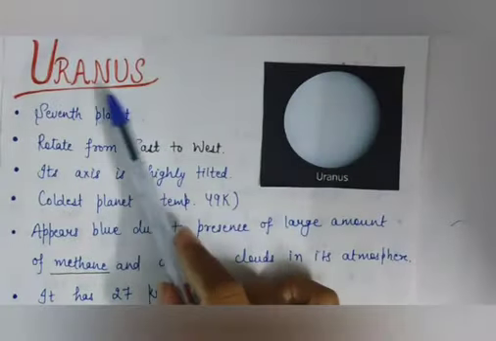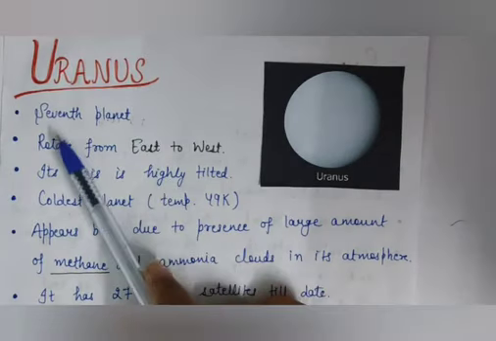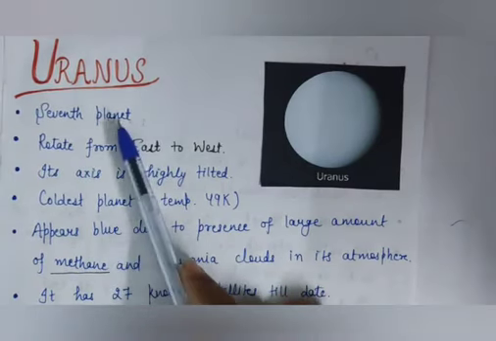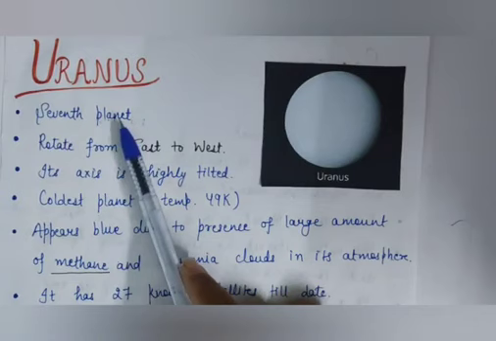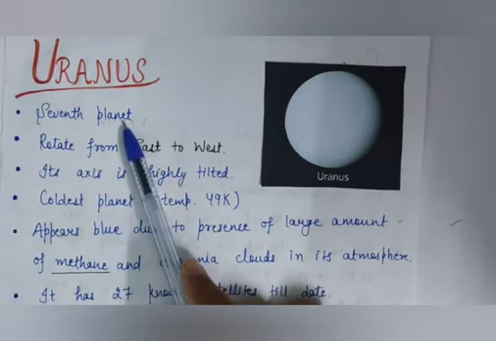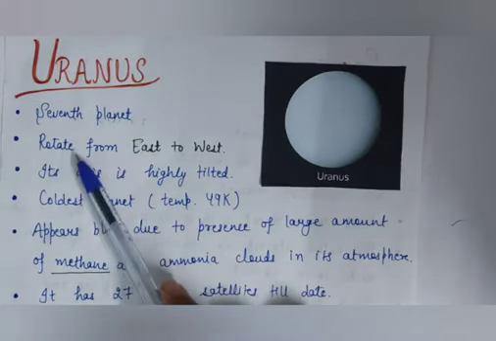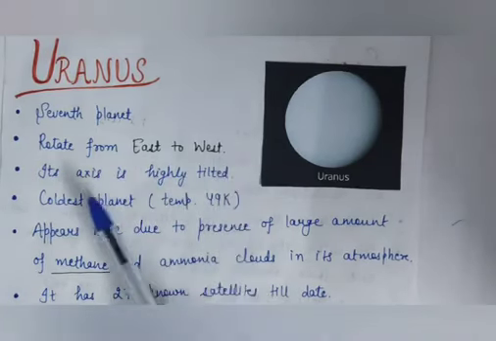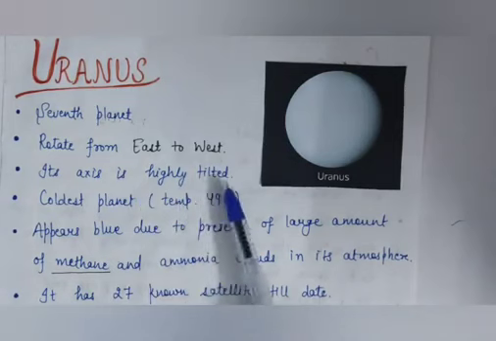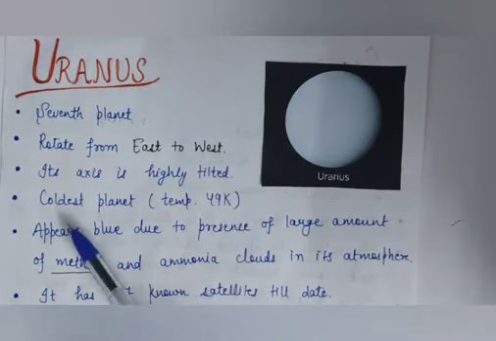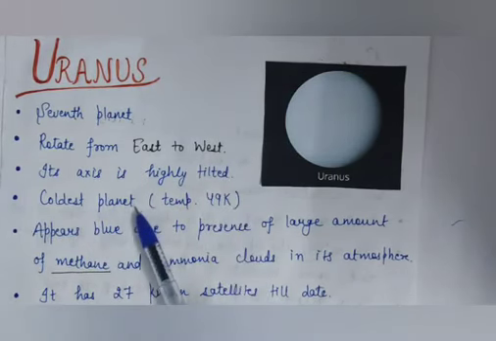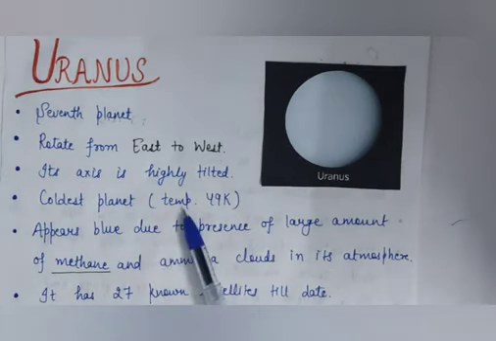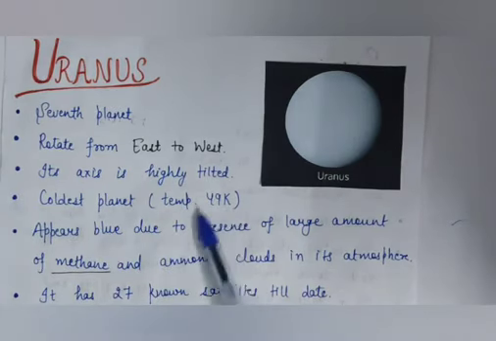Next planet is Uranus. It is the 7th planet from the Sun, and it is the 3rd largest planet of the solar system. Like Venus, it also rotates from east to west, and its axis is highly tilted. It is the coldest planet of the solar system, having a temperature of about 49 Kelvin.